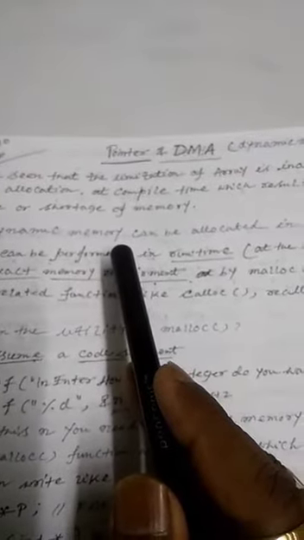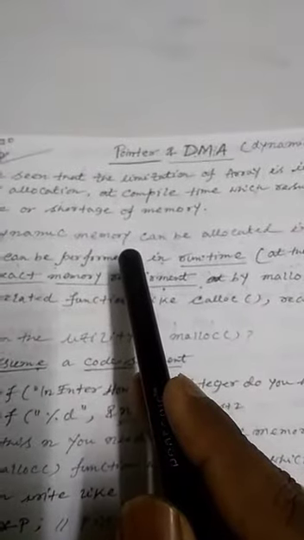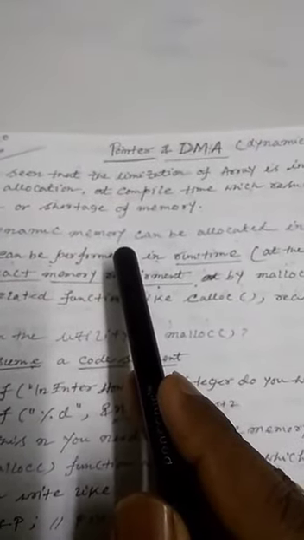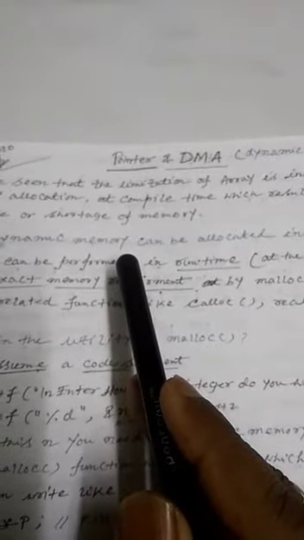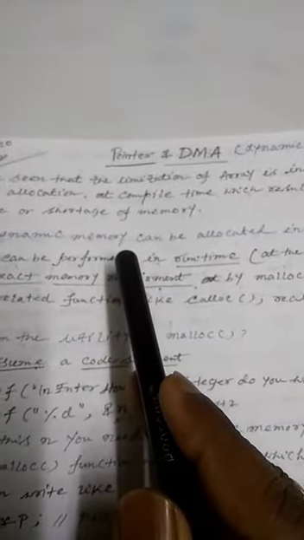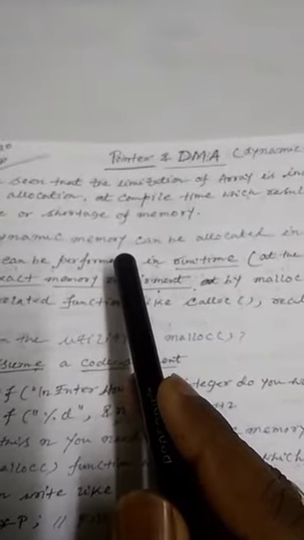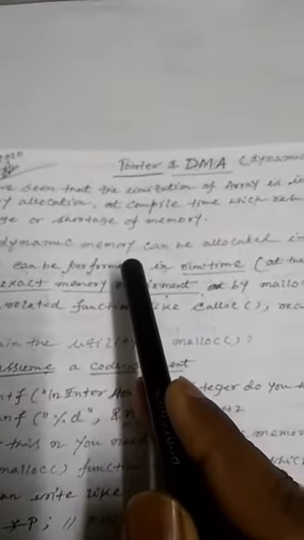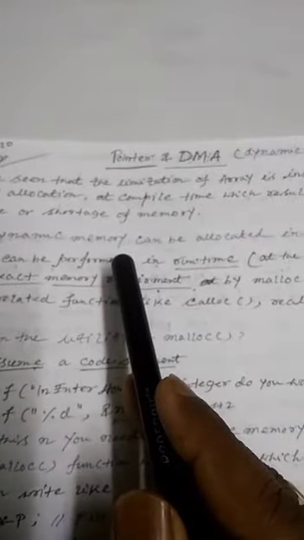Whenever an invitee comes, they clap and the food will come in front of them. So at runtime there is no risk of wastage or shortage. This is the benefit of runtime memory allocation, and so we always prefer runtime memory allocation.